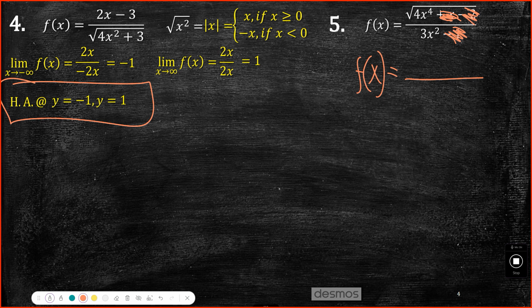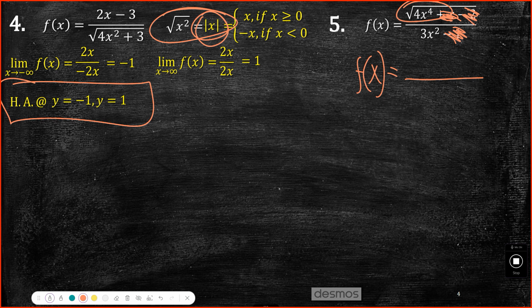The problem is that this is not true with this. This is very particular to the square root of x squared being equal to an absolute value of x. But this one is not. Why not? Because it's x to the fourth.